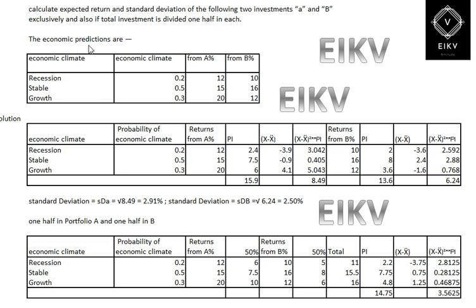The economic predictions are: economic climate, which is recession, stable and growth. The probabilities would be 0.2, 0.5 and 0.3. The return of A would be 12, 15 and 20. The return of B would be 10, 16 and 12.